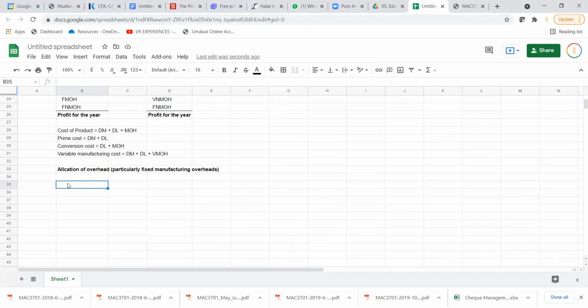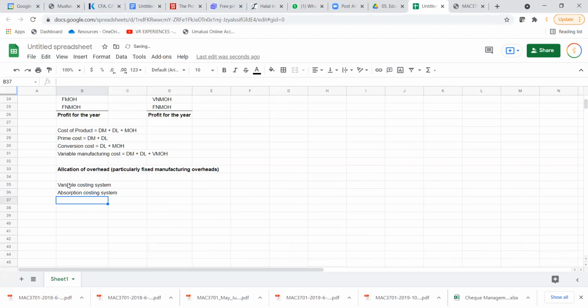So basically, what you must understand, we have two costing methods. Okay, so you have the variable costing system, and then you have the absorption costing system, like we discussed above.